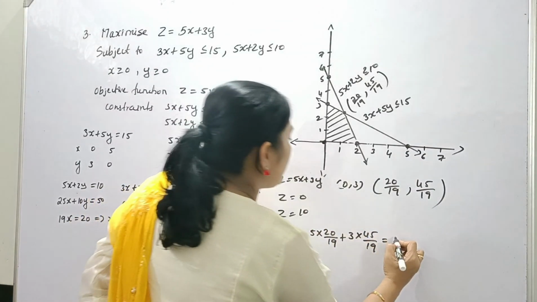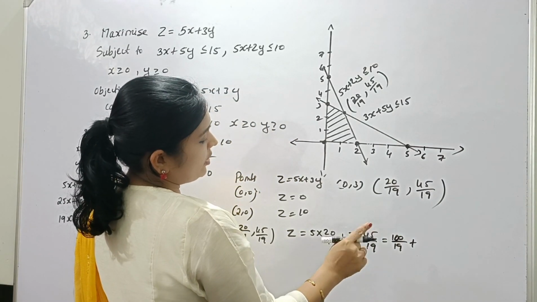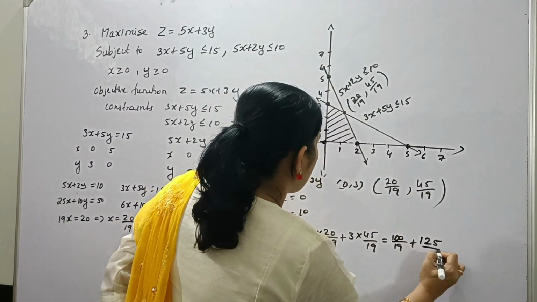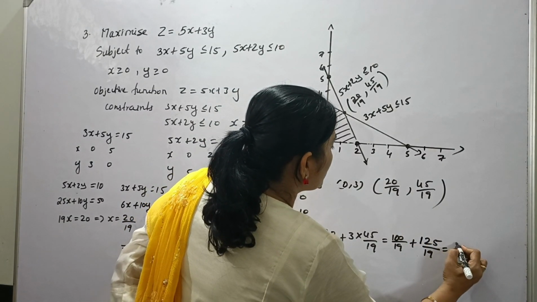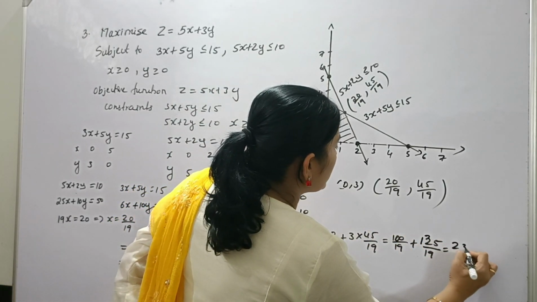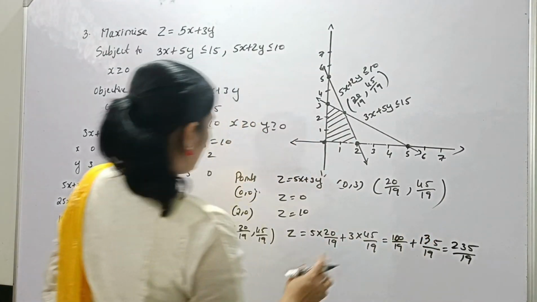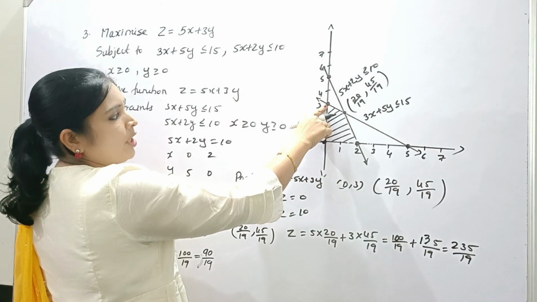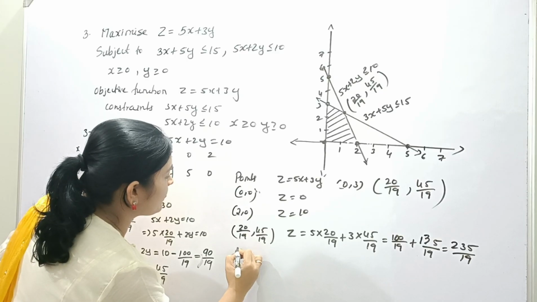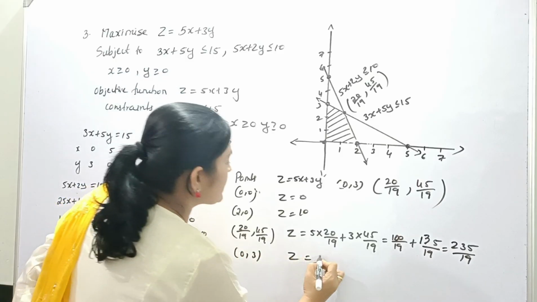That is 100 by 19 plus 135 by 19, that is equal to 235 by 19. Okay. Then next corner point is 0, 3, right? Here put x is equal to 0, y is equal to 3, that is 9.